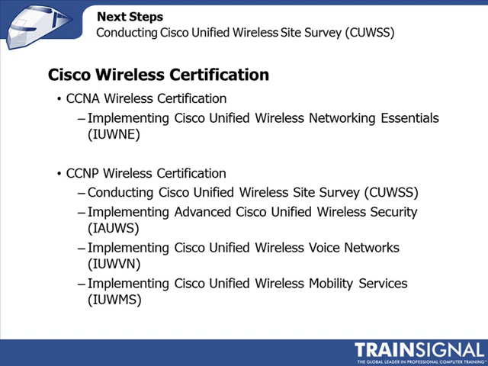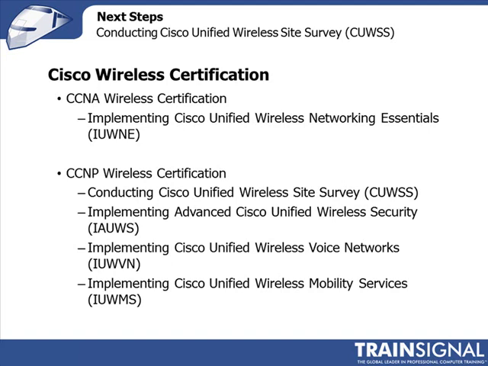Now, the CCNA wireless certification is actually considered a CCNA concentration. So it's one of several specialized subjects. And so you must first pass the original CCNA certification. And once you've got your CCNA certification, then you can do the CCNA wireless certification. Again, that's called a concentration certification exam.